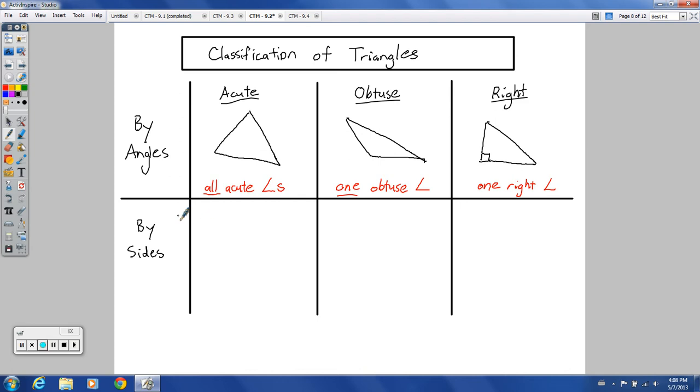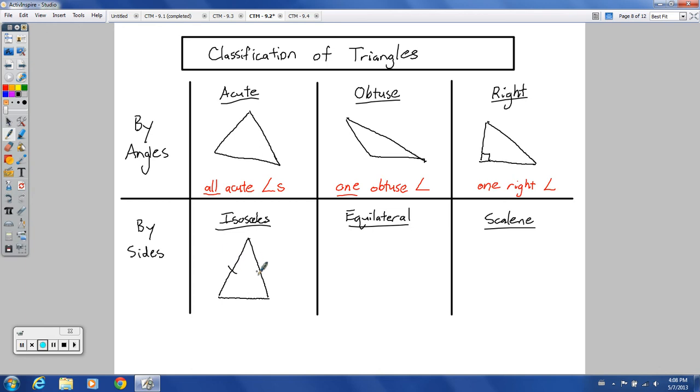For the sides classification, we have something called isosceles, equilateral, and scalene. Isosceles triangles, some books will tell you that it's at least 2 congruent sides. Others will tell you that it is exactly 2 congruent sides.